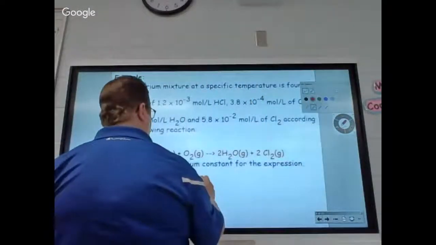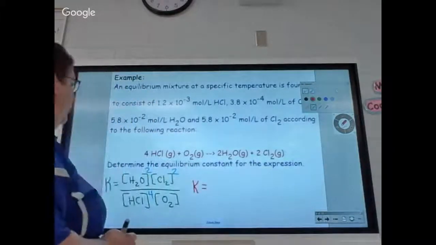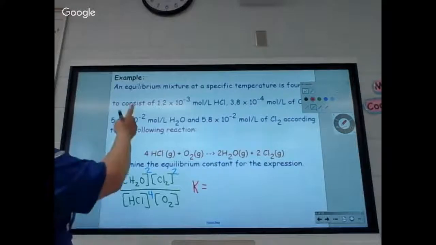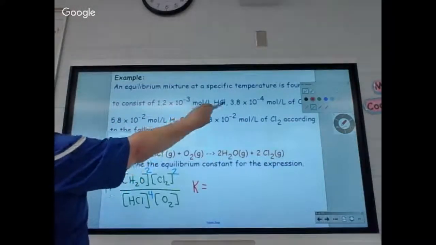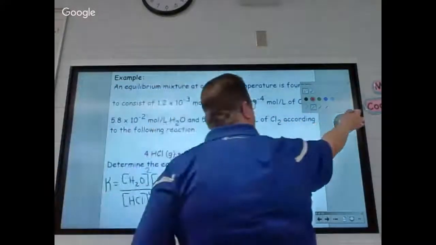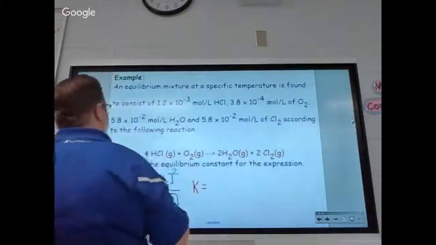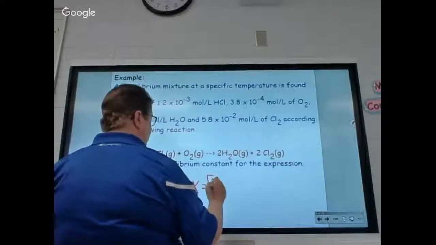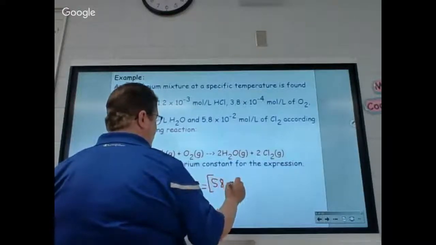So K equals what number is water? Look up here. 5.8 times 10 to the negative second.